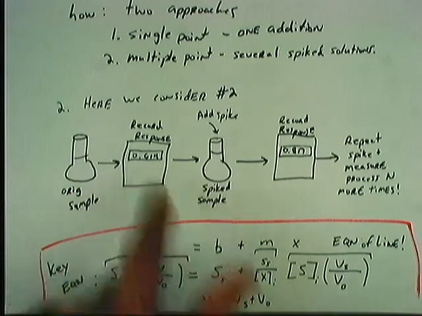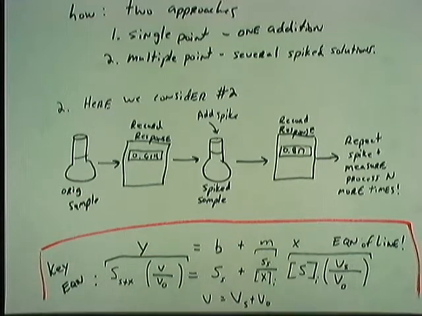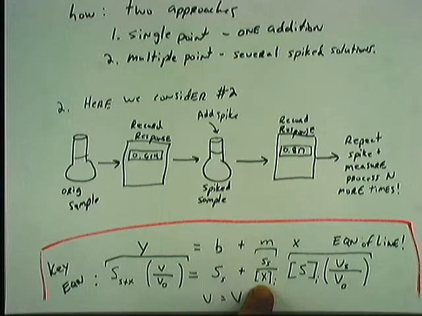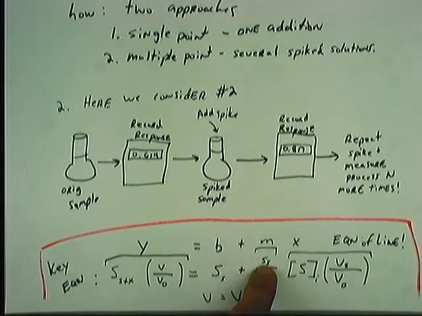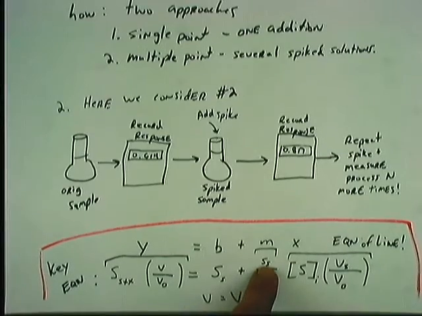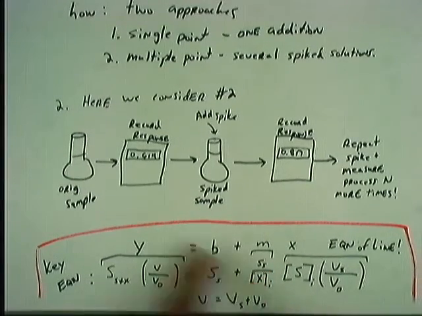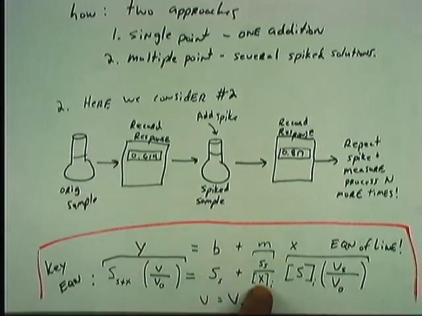Again, here that'd be this 0.614. The slope of the line is this ratio, which is S sub S divided by X sub I. That's basically the original signal, excuse me, produced by the original sample divided by the concentration in the original sample.